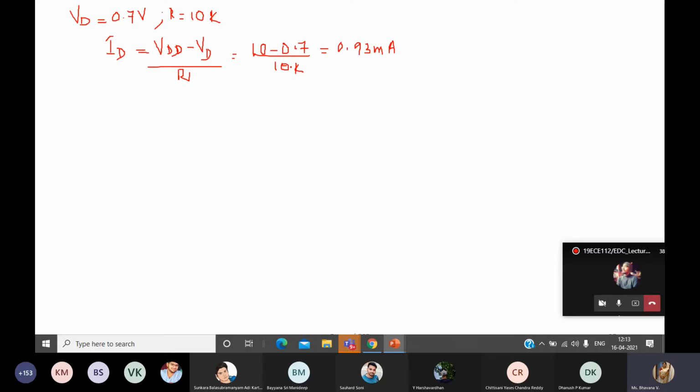Hence ID is approximately equal to 1 milliampere, so we can say the drop across the diode is 0.7 volt.